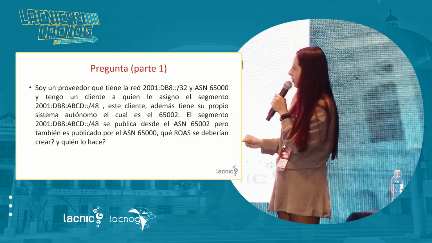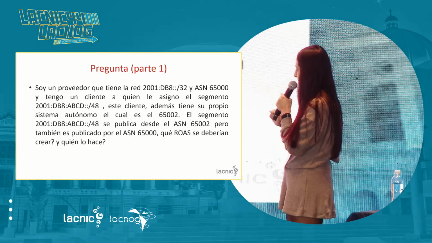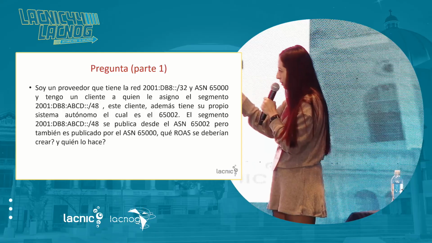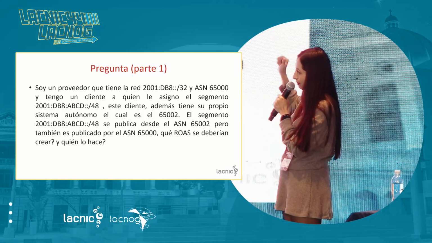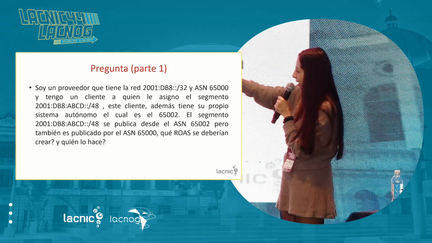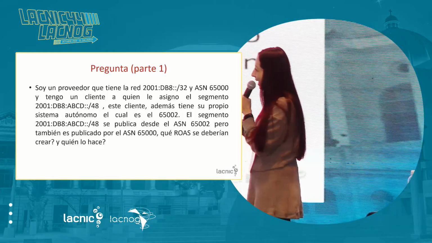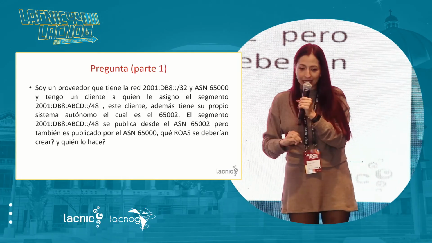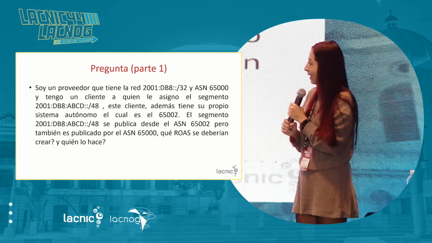That segment, which is a /48, is published by ASN 65002, the customer's one, but it is also published by ASN 65000, the provider, the one who gave the /32 segment. It also publishes the /48. So what ROAs should be created and who should create those ROAs?